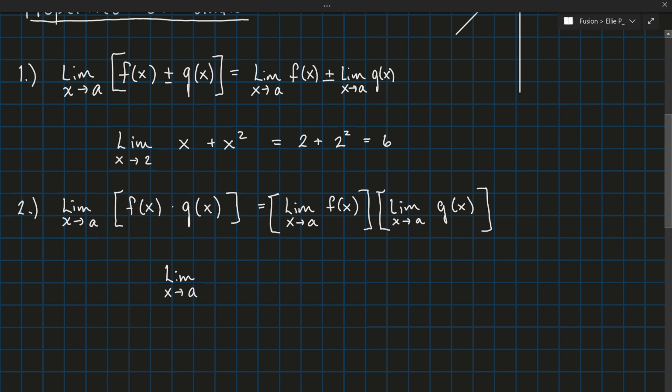So if we had, for example, the limit as x goes to 2 of x squared, well, that's kind of like the same thing as saying the limit as x goes to 2 of x times x, which would mean that we could split that up into 2.